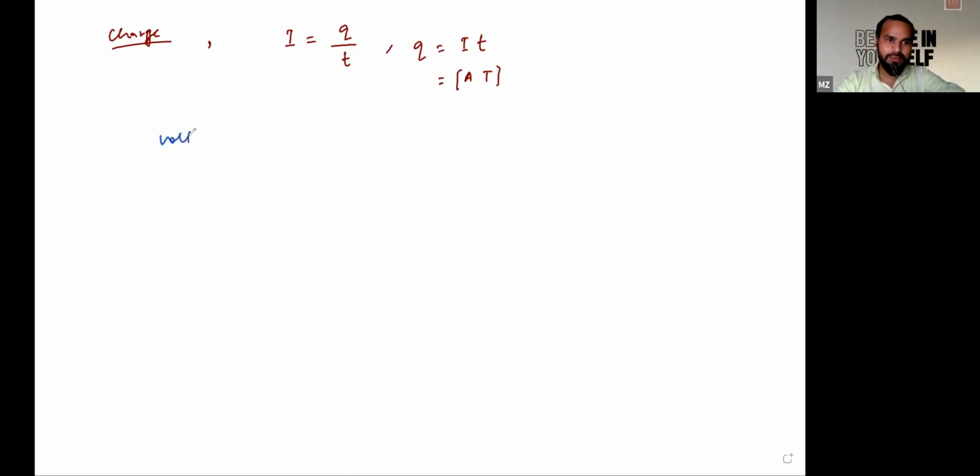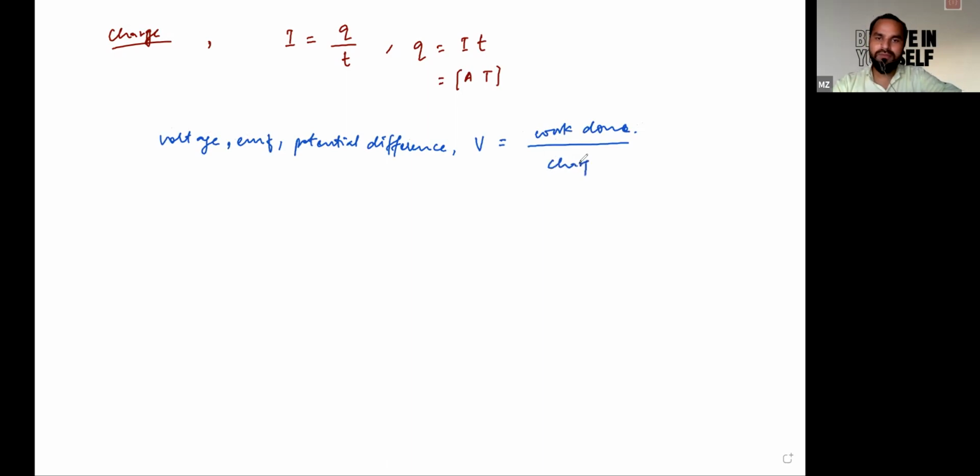Suppose voltage, EMF, potential difference. These all three mean the same term. It is represented by V, which is equal to work done to move any charge from one point to another. So it will be work done per unit charge.